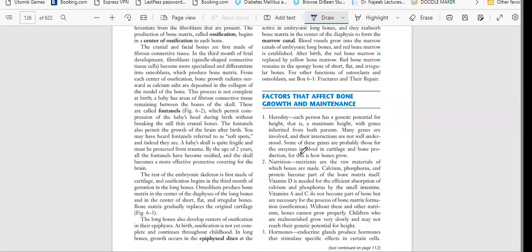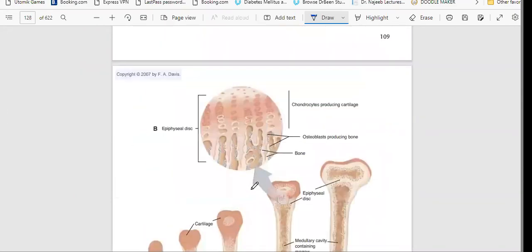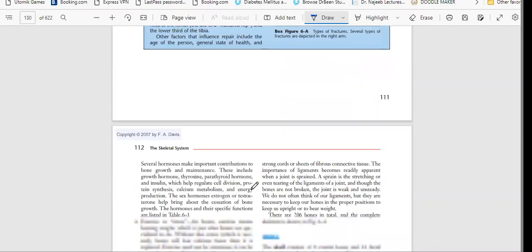Then, what are the main things to know about the growth of the bone? What are the factors? How do we keep the bone constantly healthy? We need hereditary factors. We have to know about nutritional value. We need a good hormonal balance. Then we need exercise.